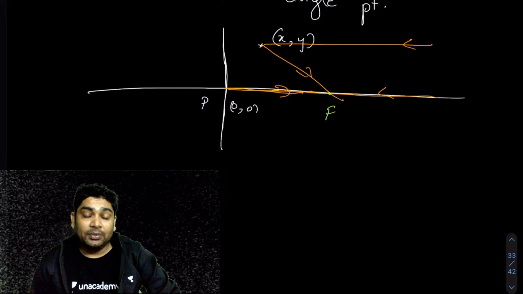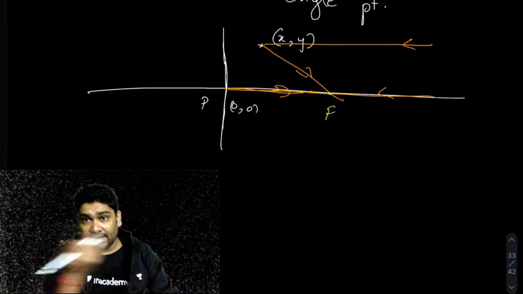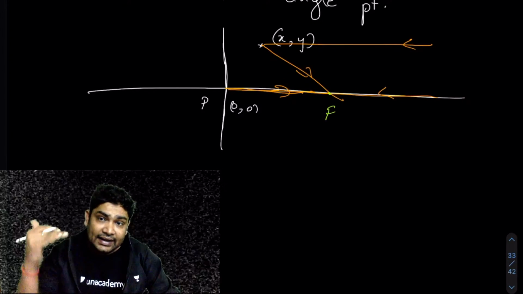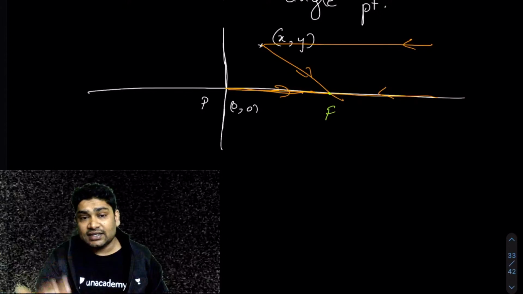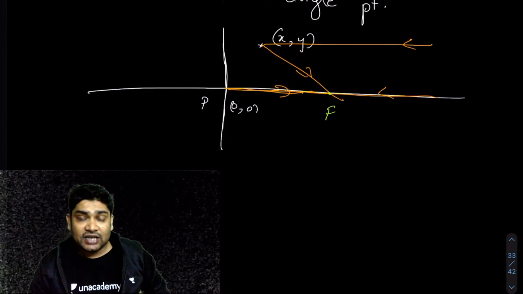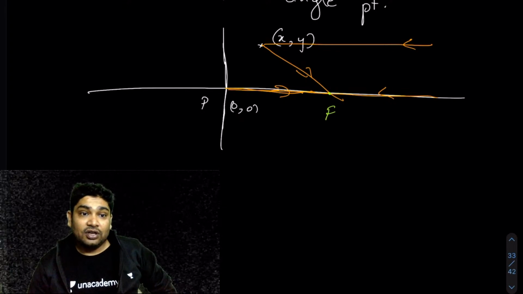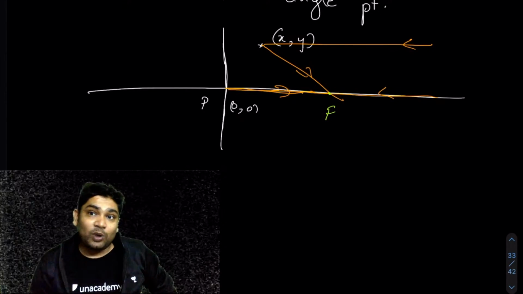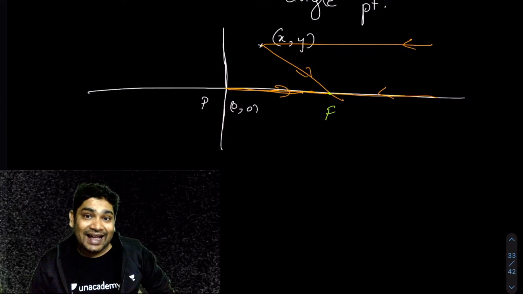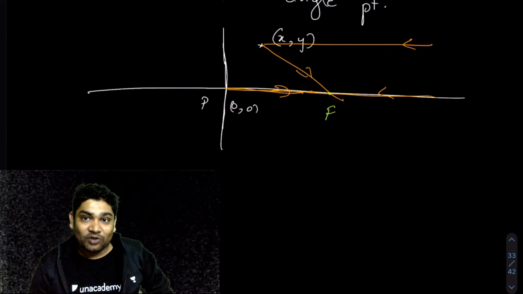Now, I'm assuming that light falling on the pole directly gets reflected, and any ray parallel to the principal axis incident at any random point of the mirror, which has the coordinates x, comma y, also after reflection passes through F. Now, if I can find a generalized point for which this will always happen, then I can find myself the equation for the mirror.